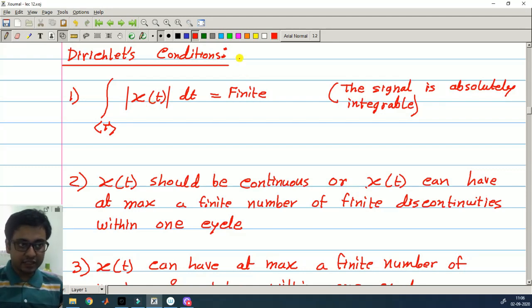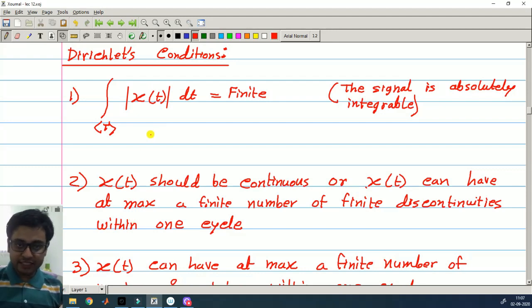Please note that this is a sufficient condition but not a necessary condition. That means if a signal does not satisfy these conditions, then it may or may not be possible to create that signal by mixing sine and cosine signals.